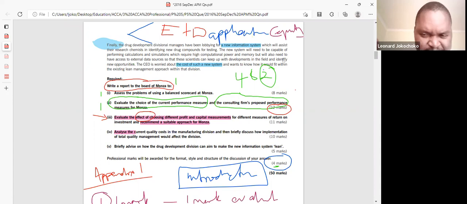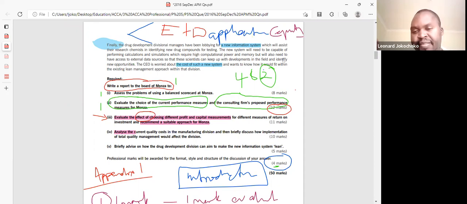Now, that is the first part, and I would expect that to get me at least 6 marks. Evaluating the choices, discussing what is the return on equity, what the return on capital employed is, then showing the calculations and making my overall conclusions.